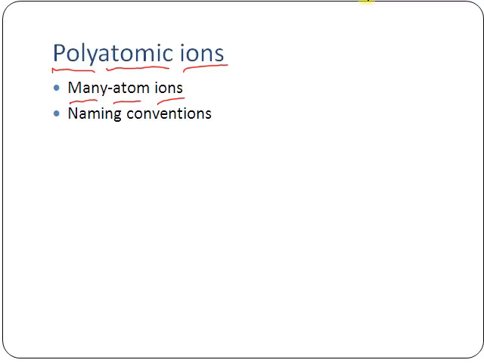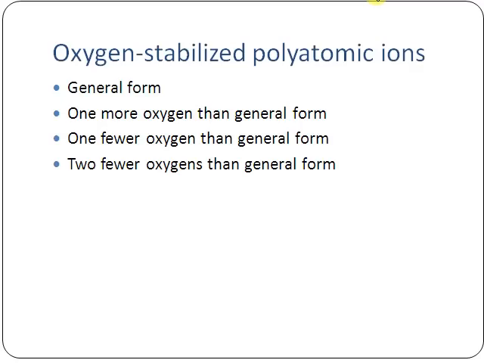It talks more about these oxygen stabilized. It says most polyatomic ions are composed of an element combined with some oxygen atoms. So let's take a look at that case. The general form of oxygen stabilized polyatomic ions is that they will have an ending that is "ate", like, for example, carbonate or nitrate, or things along those lines.